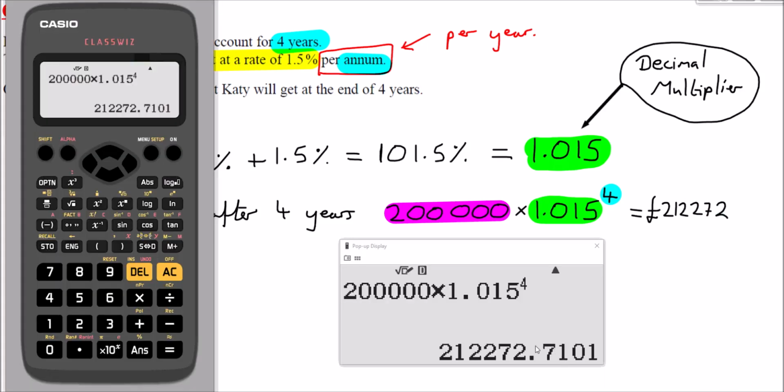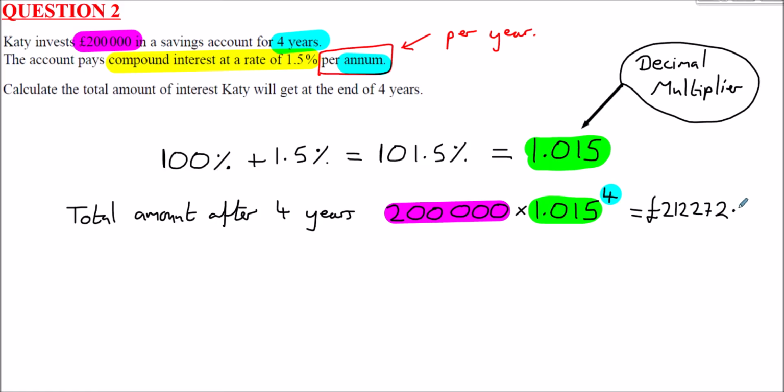0.71. So with decimals and money, 2 decimal places means the pennies, so we can ignore that 01 essentially. So £212,272.71. Now this question needs to be a bit careful. We were asked for the total amount of interest Katie will get at the end of the 4 years.